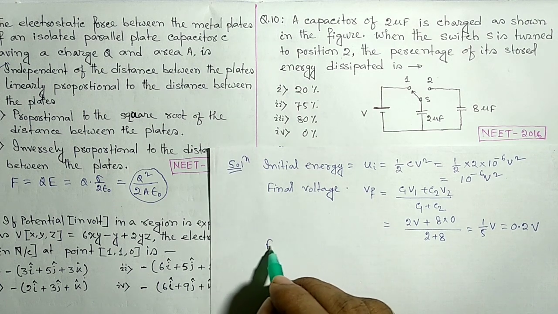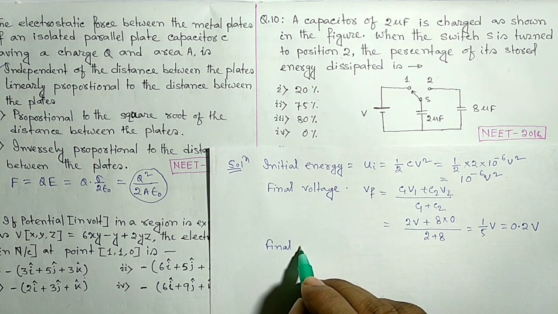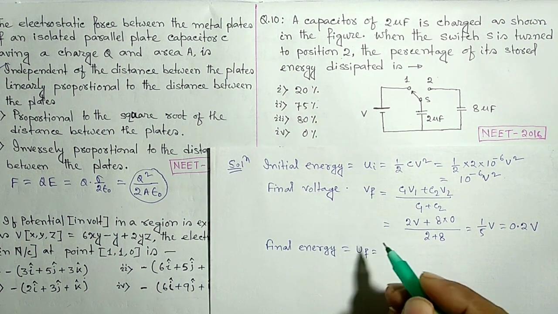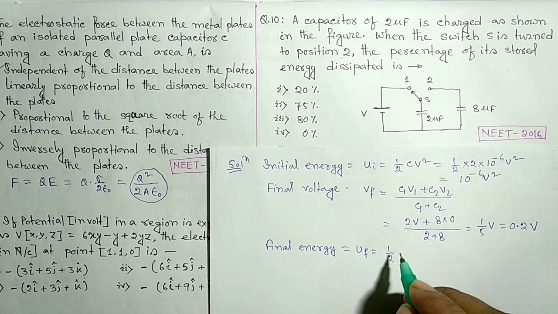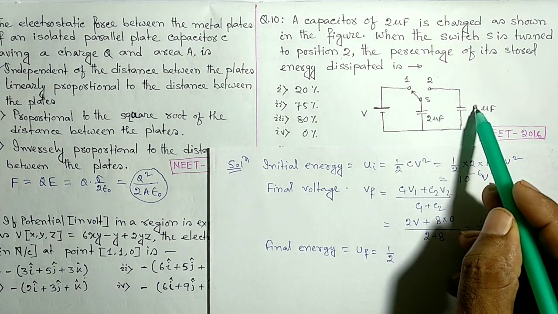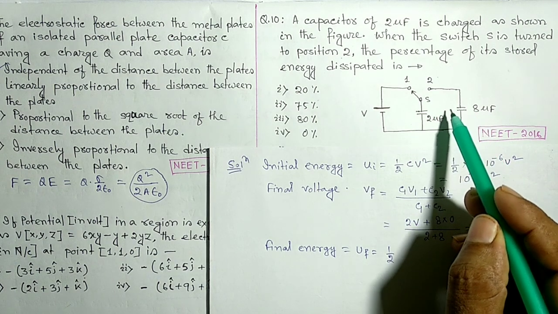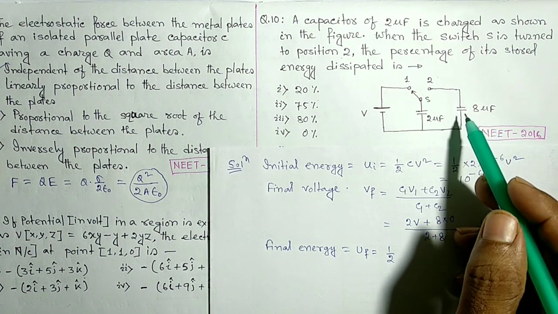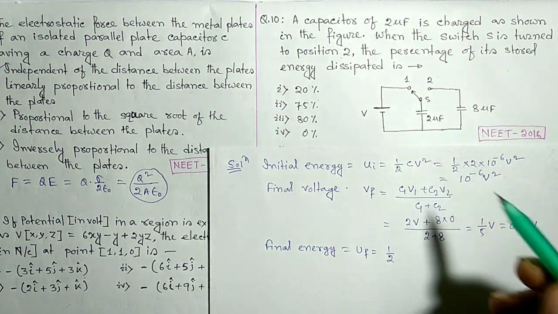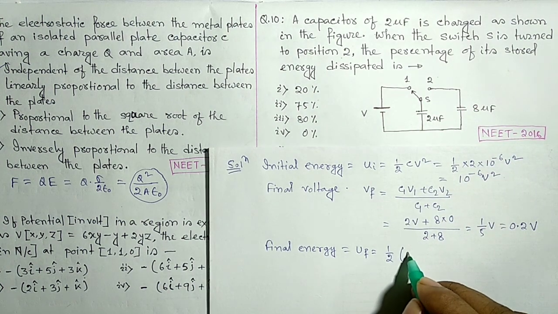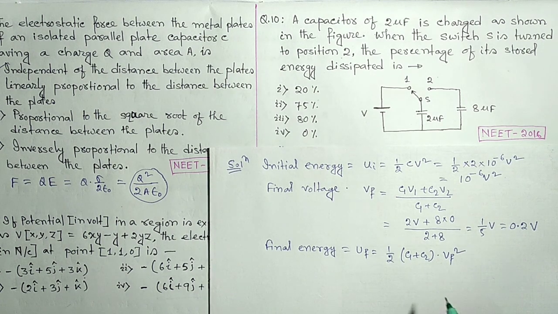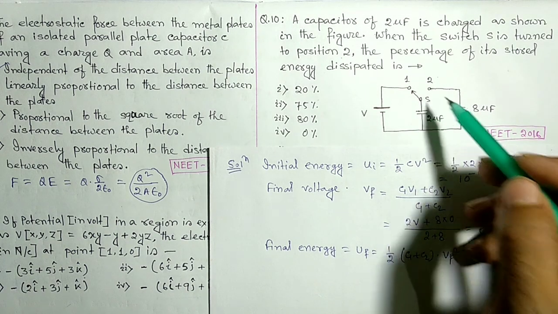Okay, now the final energy U_f is equal to half into the equivalent capacitance, since the two capacitors are now in parallel combination. So the equivalent capacitance is 2 plus 8, C1 plus C2. Now half C1 plus C2 into V_f square is the final energy when we connect S with 2.